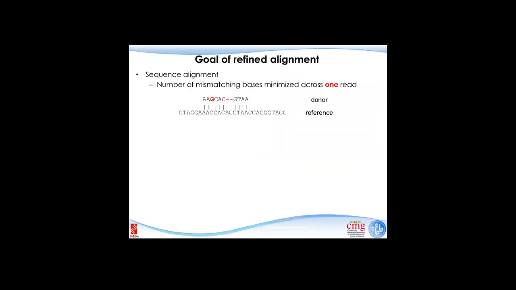Now, the second topic about statistics and bioinformatics in DNA sequencing will be refined alignment. Let's see what that is about. First, let's revisit the alignment algorithm that we talked about in the past.